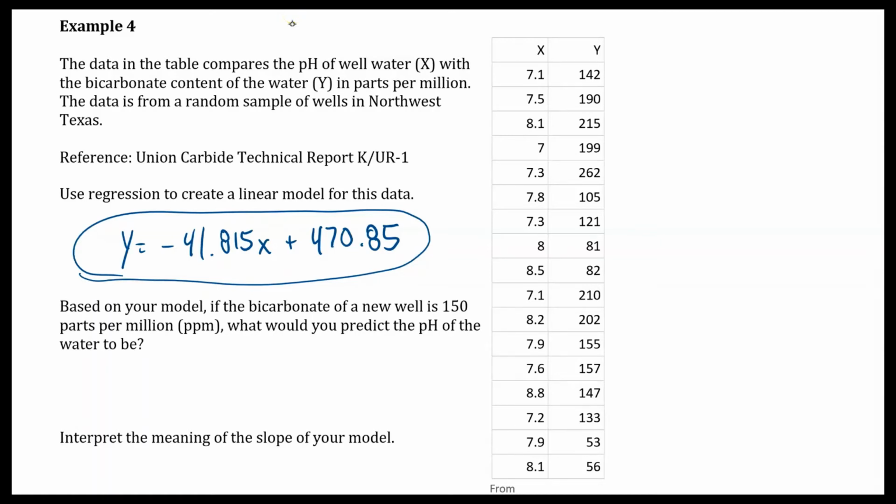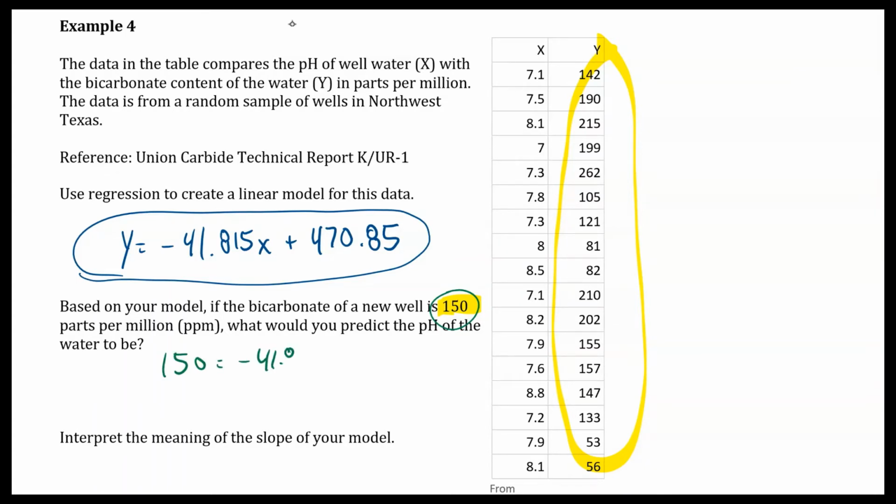So this question is giving us a Y value, an output value, a measure of the bicarbonate, and we want to figure out what the corresponding X value would be based on the model that we found. So substituting this value in for Y, I get the equation 150 equals negative 41.815 X plus 470.85.